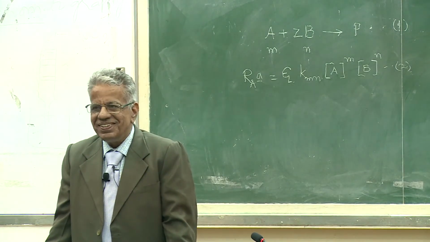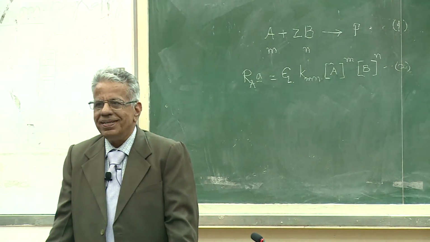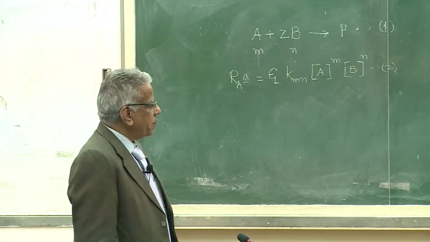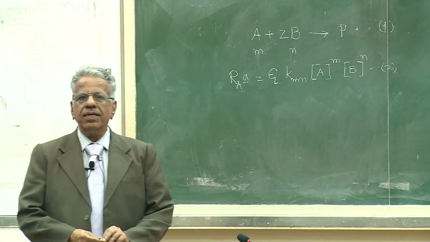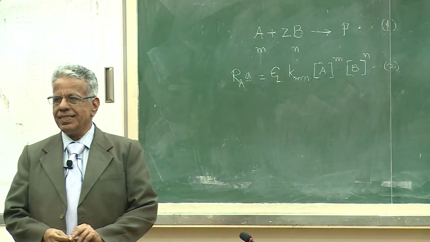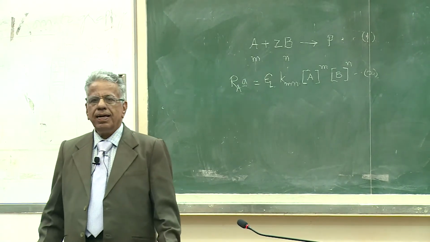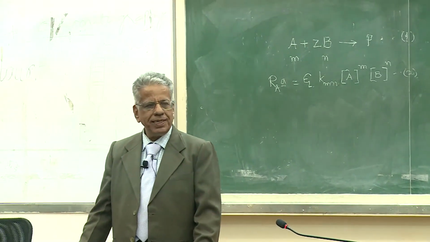Understood? Of course, it is very simple. We analyze all the multiphase reactions with the help of film theory. All right. You must have heard, but I am going to teach it again.